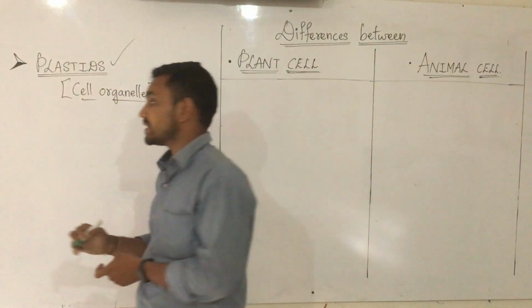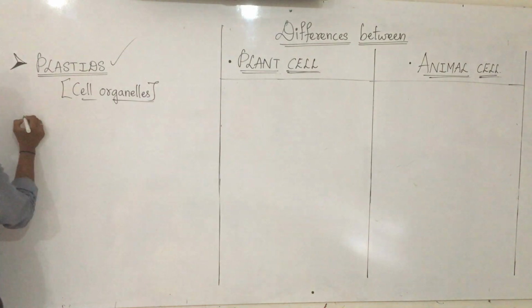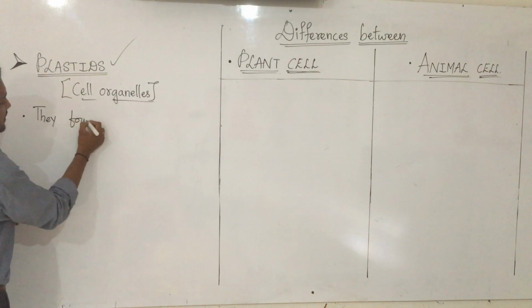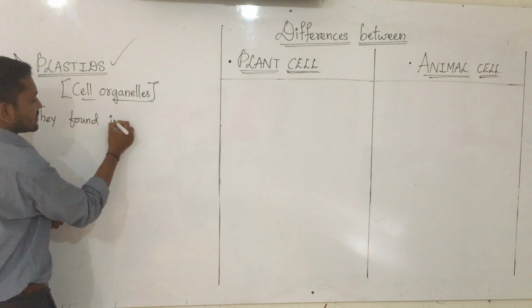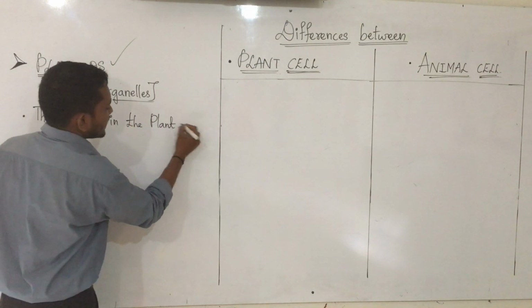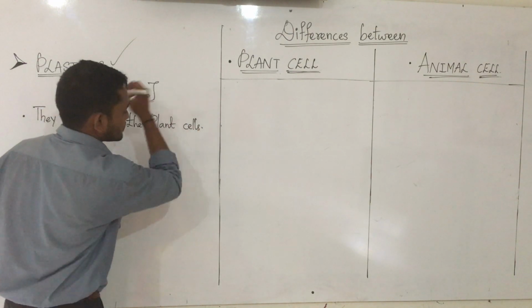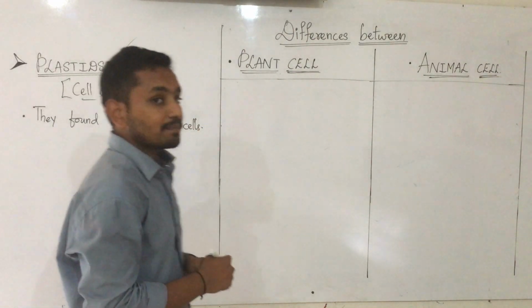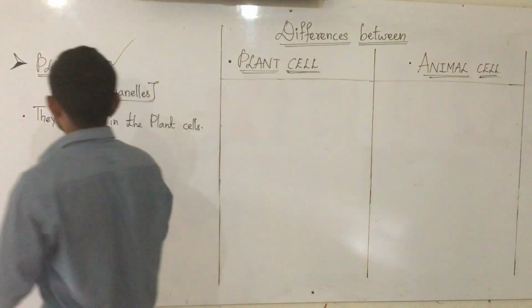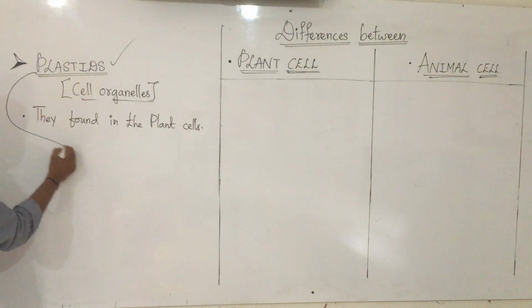These cell organelles are found only in the plant cells. Plastids can be categorized into 2 different types, based on the color.